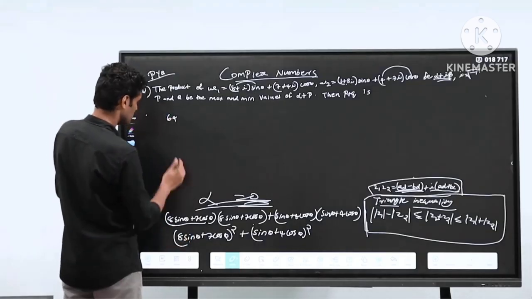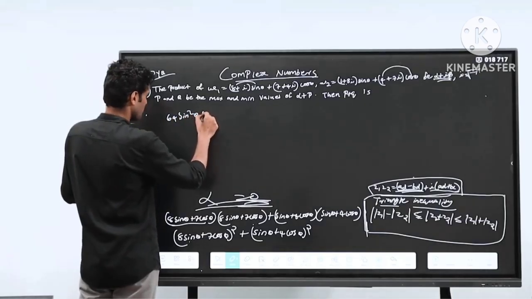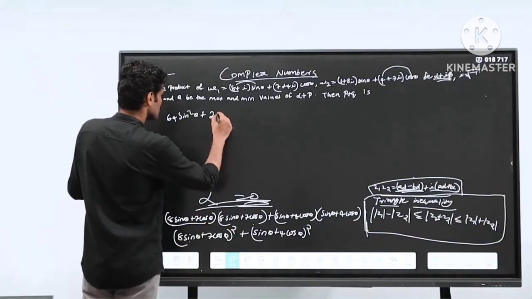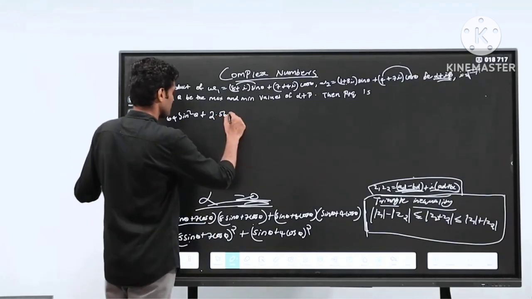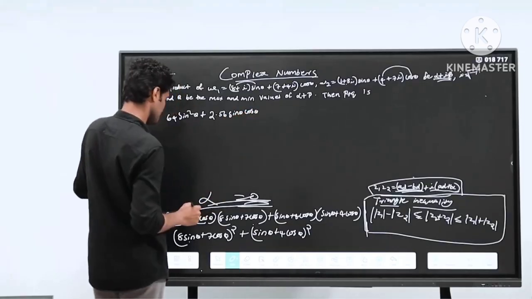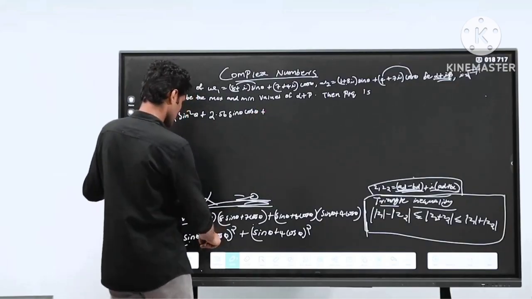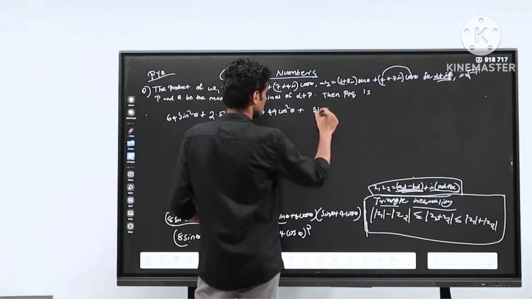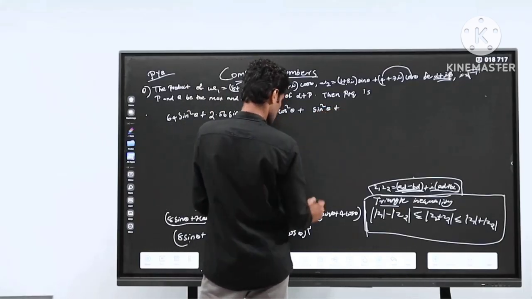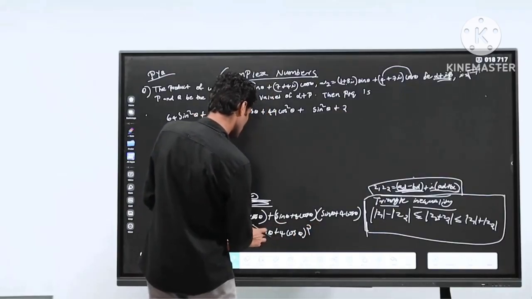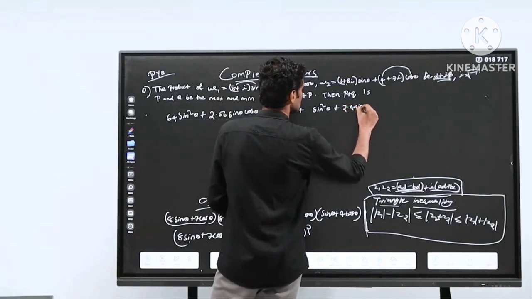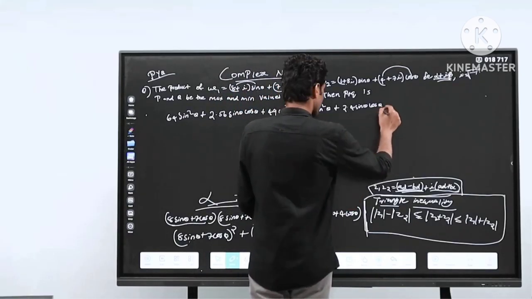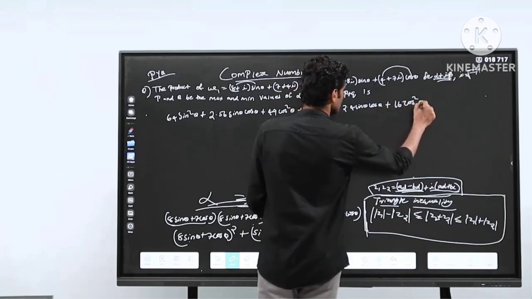First term: 64 sin square theta plus 2ab, 2 into 8 into 7, that is 112 sin theta cos theta, plus 49 cos square theta. The next term is sin square theta plus 2 into 4 sin theta cos theta, plus 16 cos square theta.